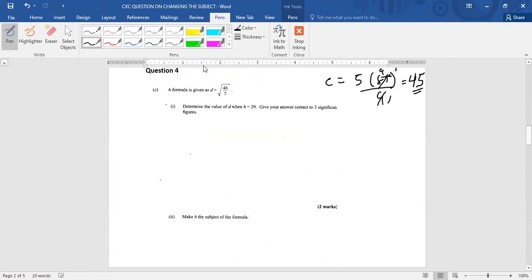So question 4: a formula is given that D is equal to the square root of 4H over 5. Is that okay? Determine the value of D when H is equal to 29. Give your answer to 3 significant figures, right? So D is equal to the square root of 4H over 5.